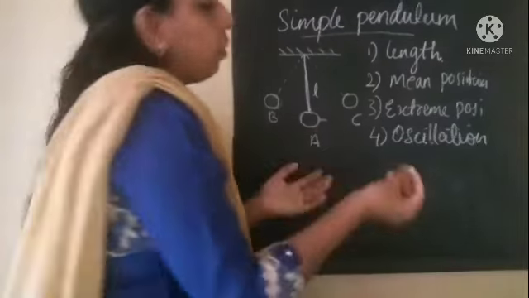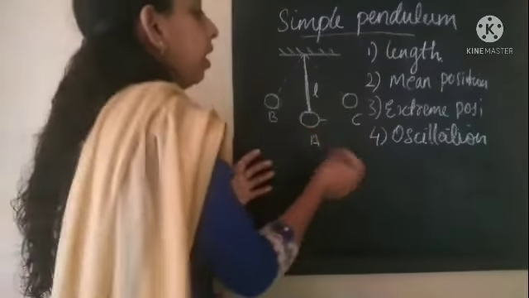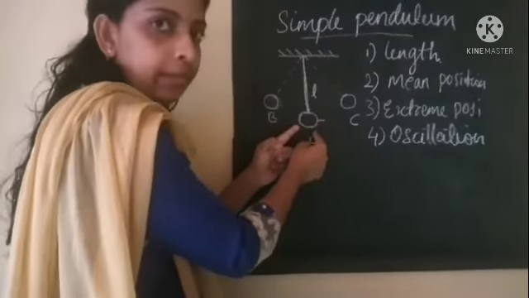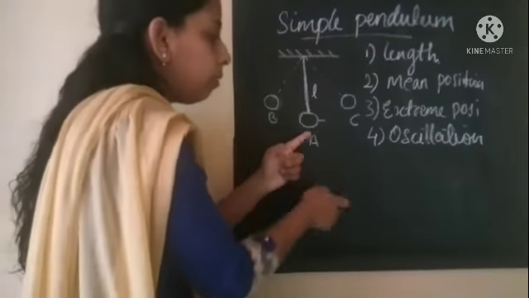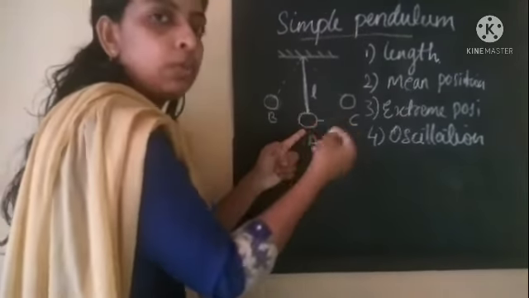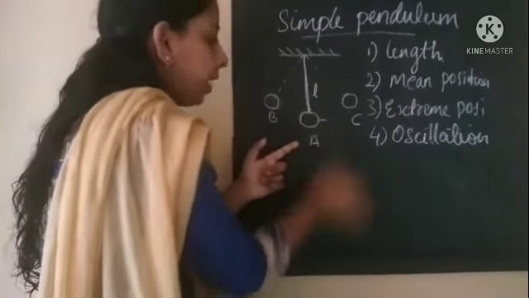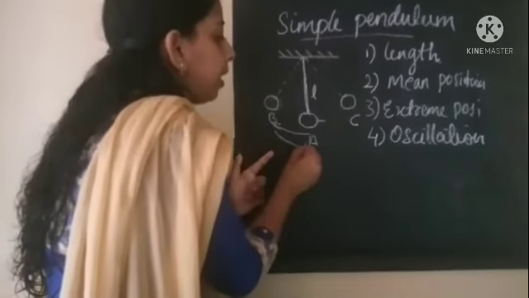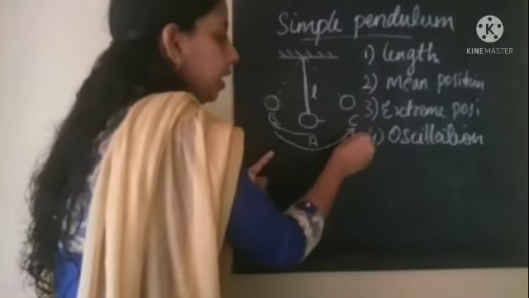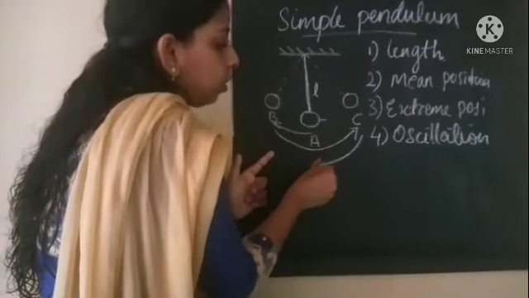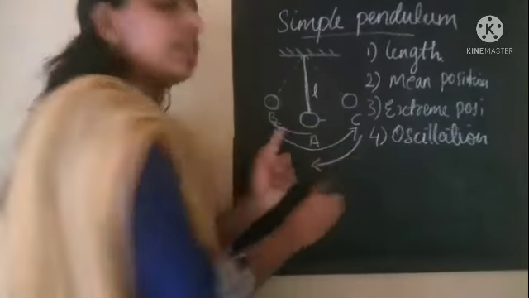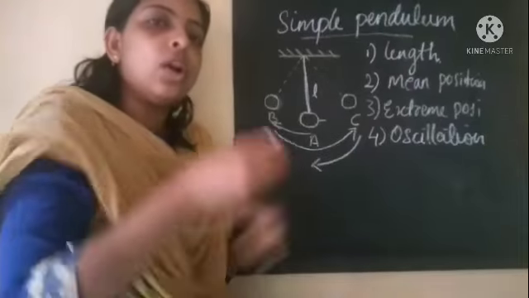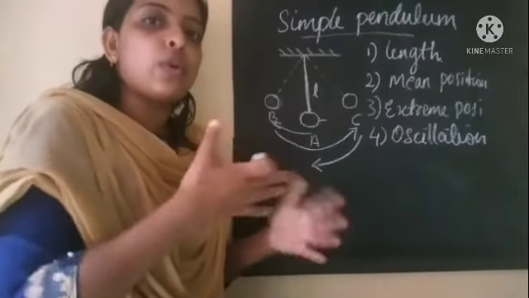For example, if this bob starts its motion from A, what will happen? It will go to B, then from B it will come to C, then again come back to A. So this is considered as one oscillation. Oscillation is one to and fro movement.